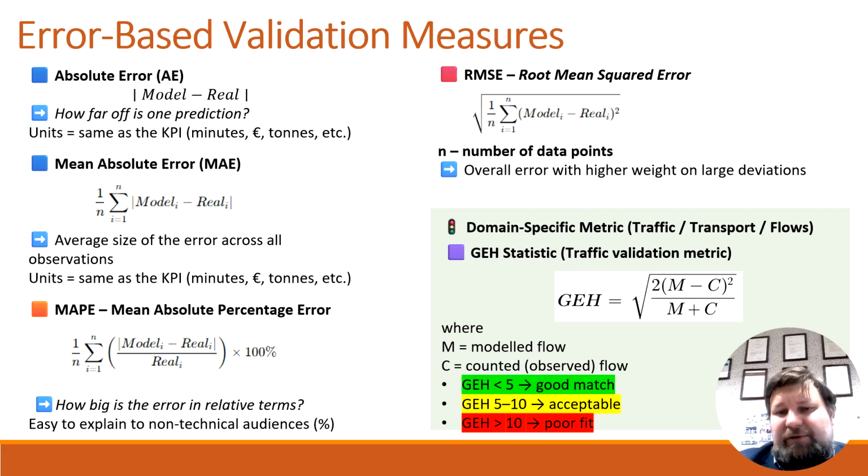It is used as a traffic validation metric. Again, the equation by itself is not really very complicated. And you see that there are even some recommendations. If the calculated value is less than 5, it's a good match. From 5 to 10, acceptable. More than 10, it's a poor fit. And again, this measure is actually the domain standard.